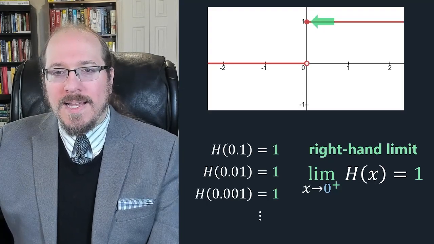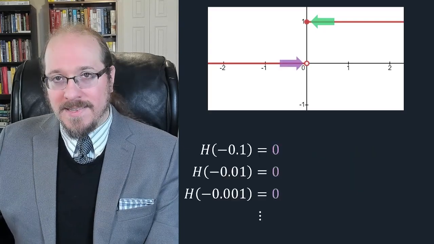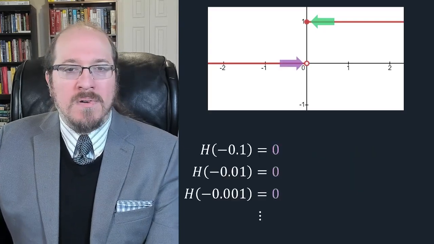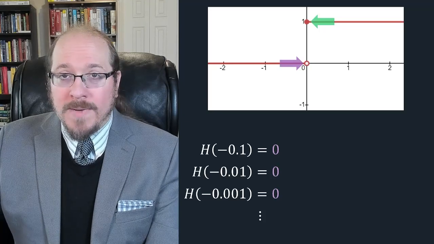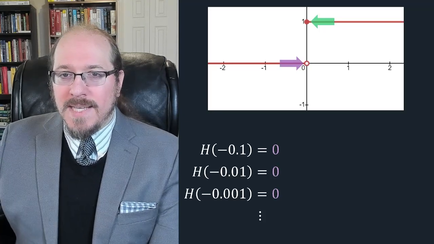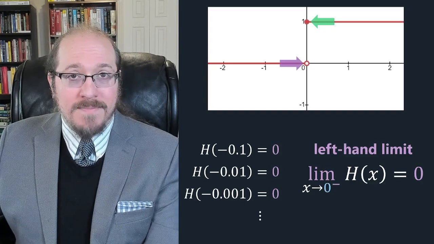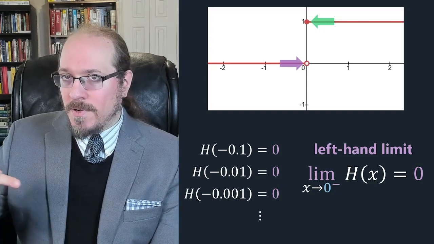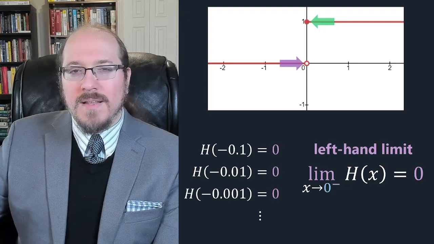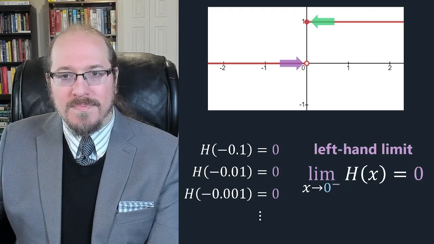But what if we let x approach 0 from the left-hand side? If we plug in smaller and smaller negative numbers, we always get 0. So we'd say that the left-hand limit, which we write with a little minus sign, is 0. As x approaches 0 from the left, the function approaches 0.